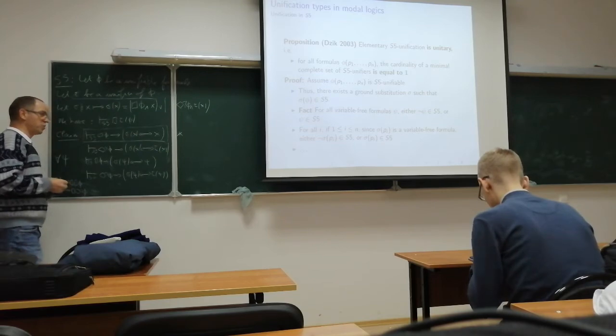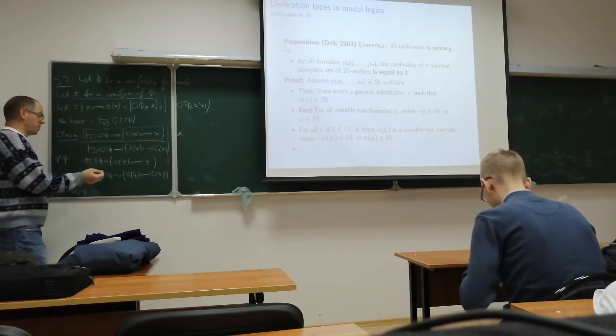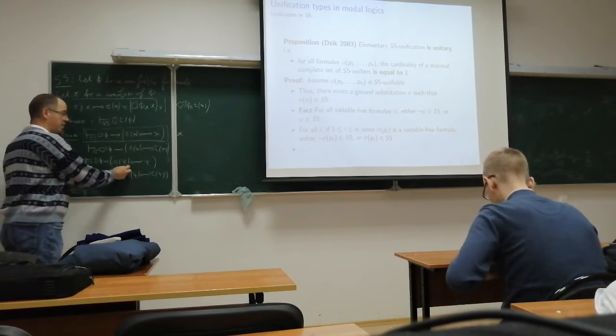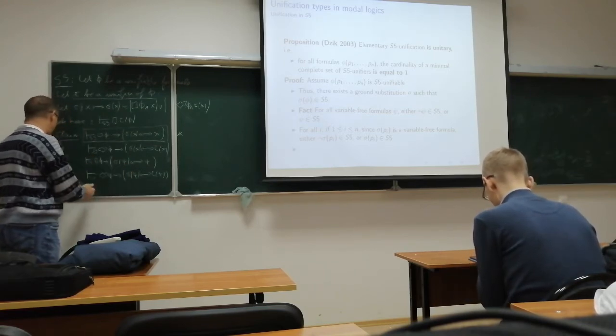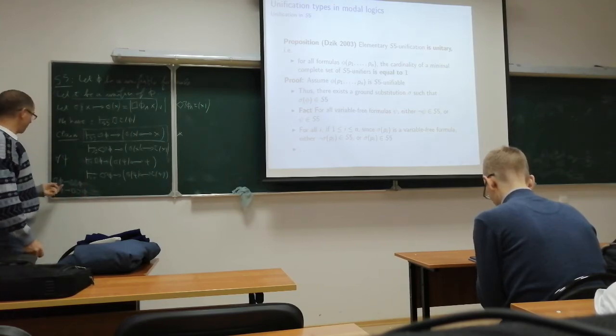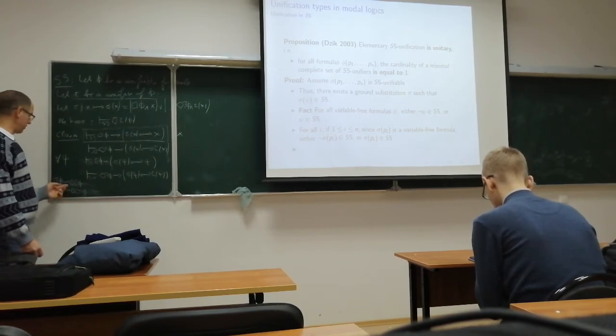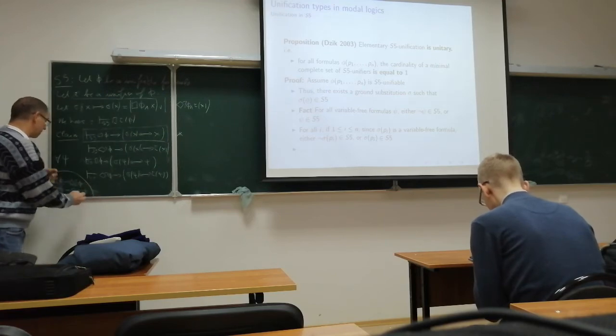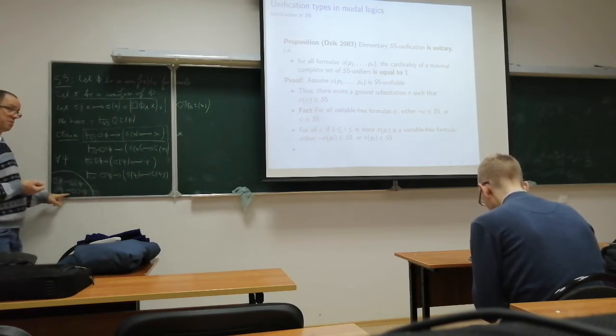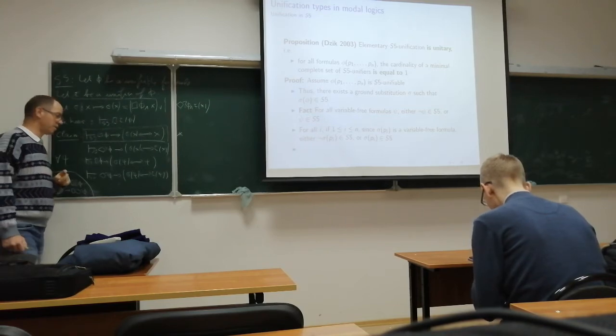In order to use the induction hypothesis, if you want to prove it for box psi prime, we apply the induction hypothesis to psi prime, and to be able to, we need such a validity. For this reason we can do it, because we are in S5, and these two formulas are S5 derivable. There is also K, for which phi is derivable, but unfortunately, to prove that K is unitary is much more difficult.